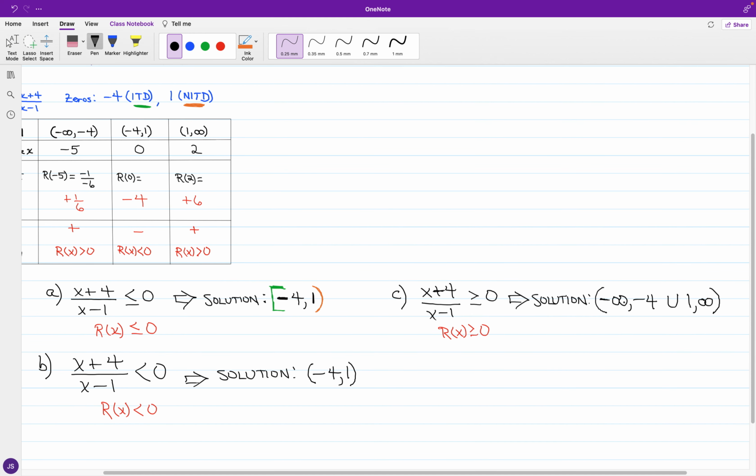And now with the equal sign, we're going to bracket those zeros in the domain. So again, -4 is in the domain, so that is going to be in the bracket. And once again, since 1 is not in the domain, that's going to stay in the parenthesis.